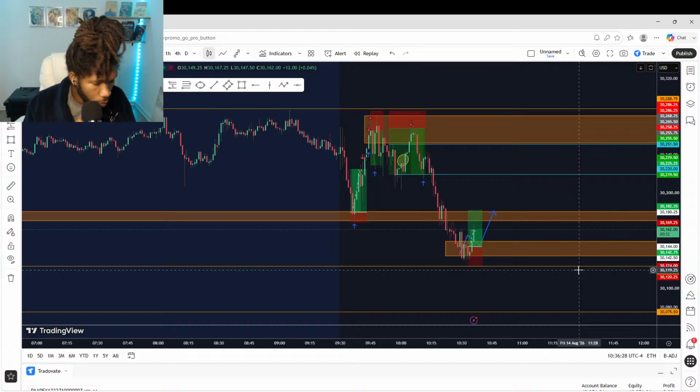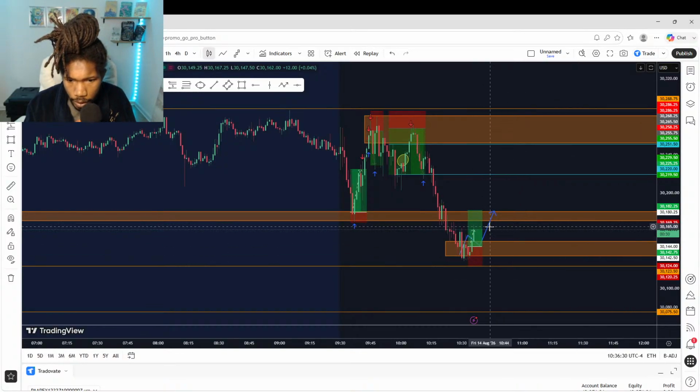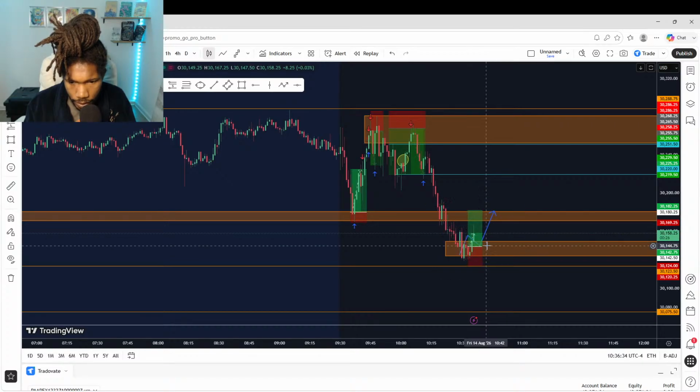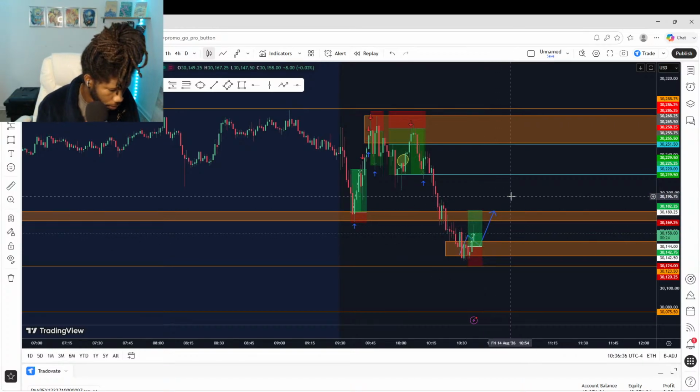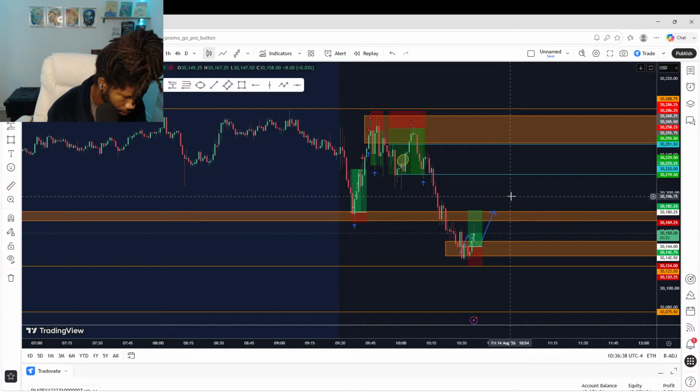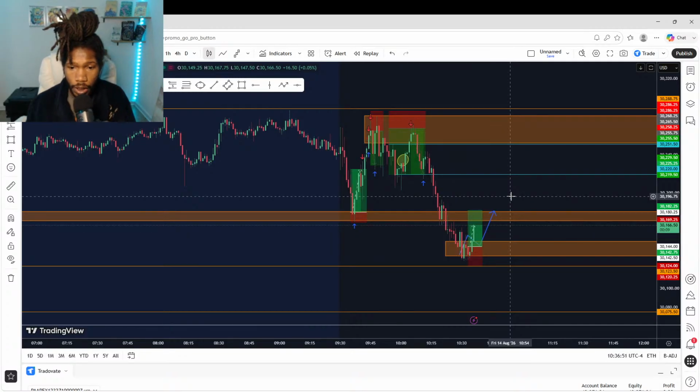We got a strong push all the way through. We got a nice little break of this level. If we can get a break and a retest to continue up, that'd be dope. Just might enter the market on this one. That's a strong push. I think that's it.